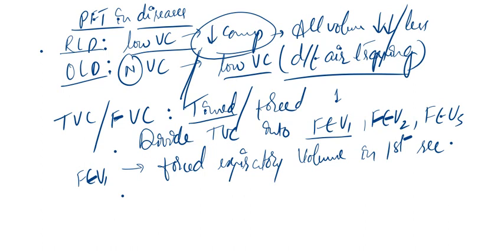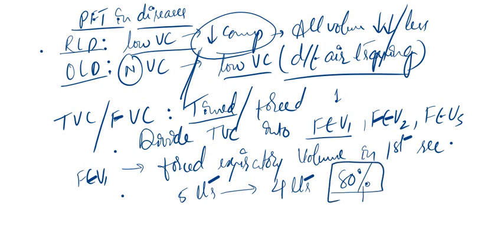So 80% expired in the first second is normal. See guys, don't confuse, I will just make it normal. 5 liters of air is there. In the first second you expired 4 liters, that implies 80% of the total volume. So expiring 80% is actually normal. If the total capacity is 5 liters, then 4 liters should be expired in the first second, then it is normal.